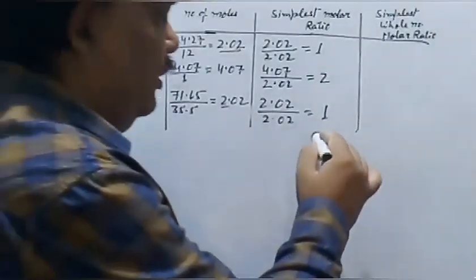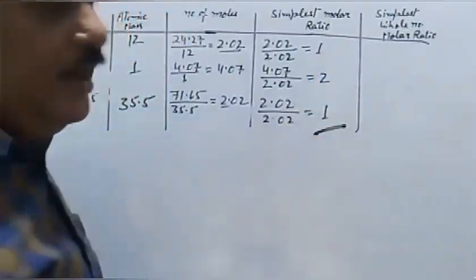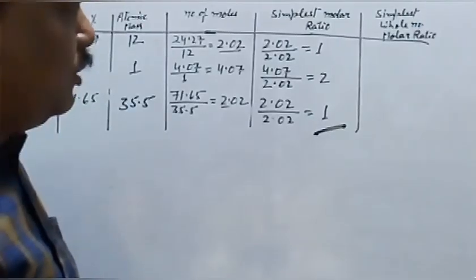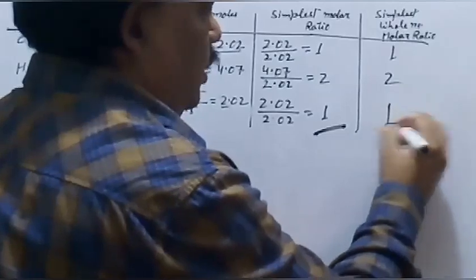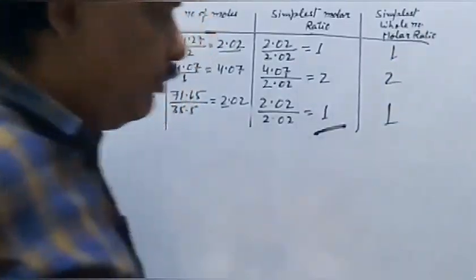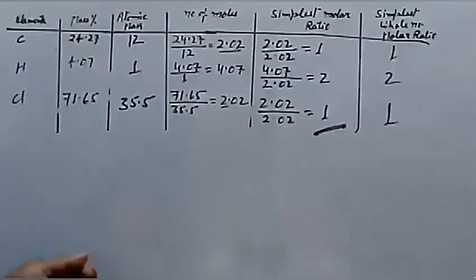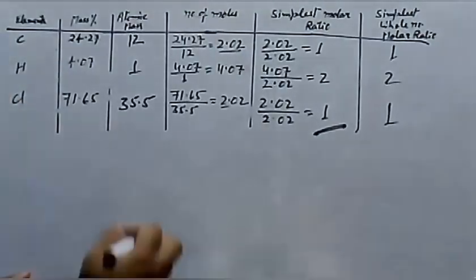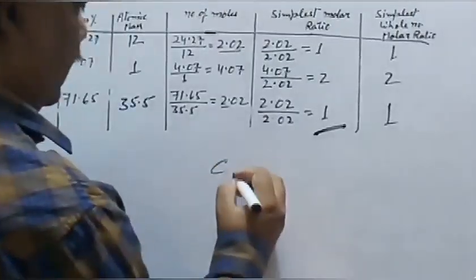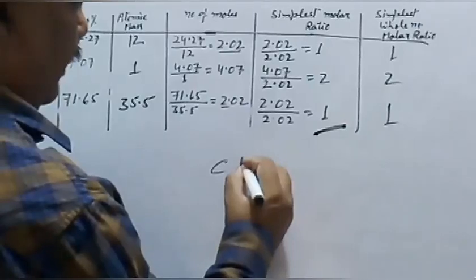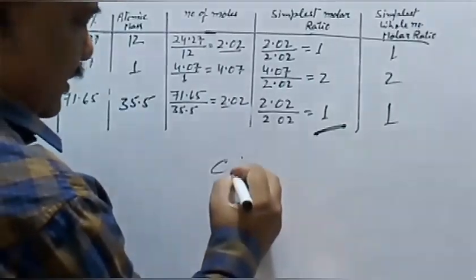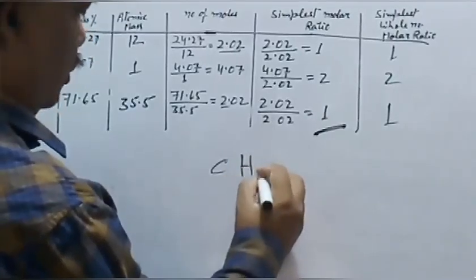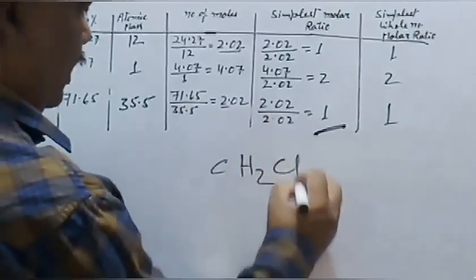In this case these are whole numbers, so the ratio is 1 to 2 to 1. Now we can write the empirical formula of the compound: C1, where 1 is not written, H2Cl.